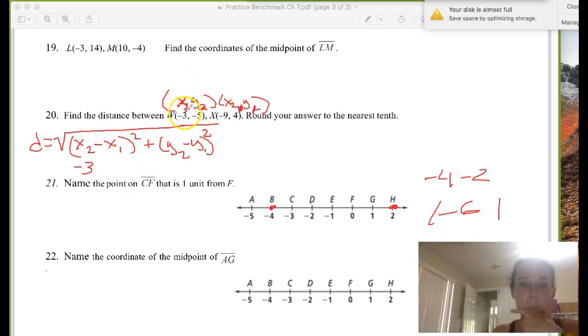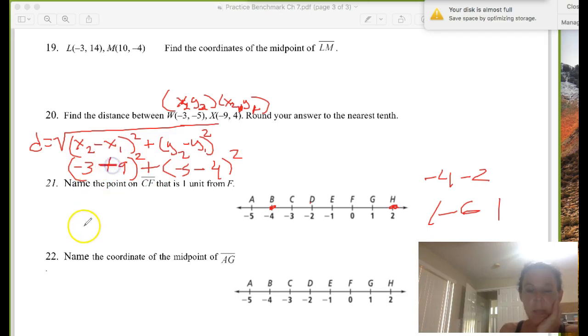So we're going to go x2, negative 3, minus negative 9, double negatives, minus negative 9, and I square it, plus the y's. I'm going to go y2 minus y1, so negative 5 minus, and it's not a double negative, it's just 4, square it. Okay, the double negative makes a positive. Kids get lots of confusion on those double negatives.